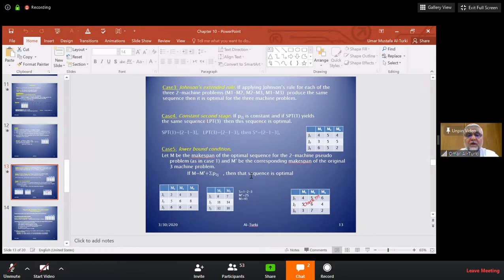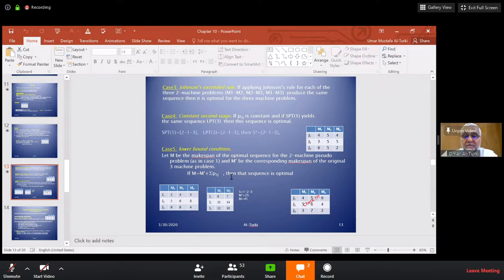Now, if the makespan of the original problem equals the makespan, or if the makespan of the 2 machine problem equals the makespan of the 3 machine problem plus the processing times of all jobs on the second machine, then the sequence is optimal.